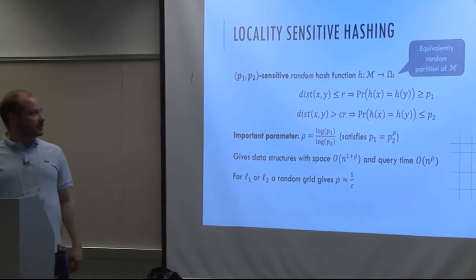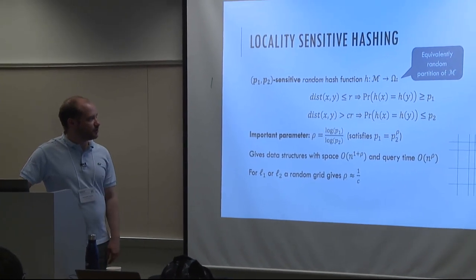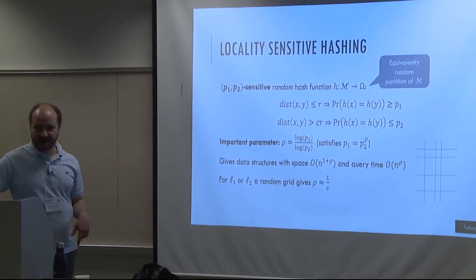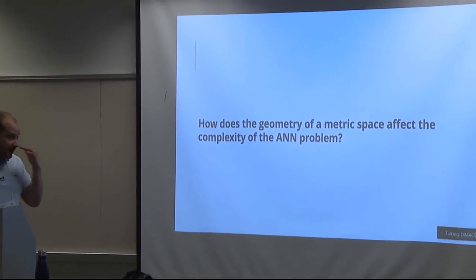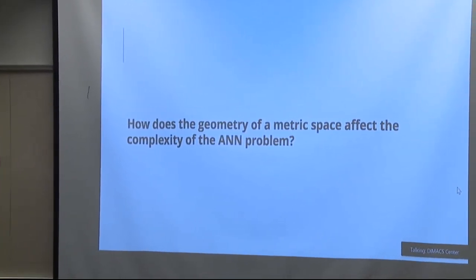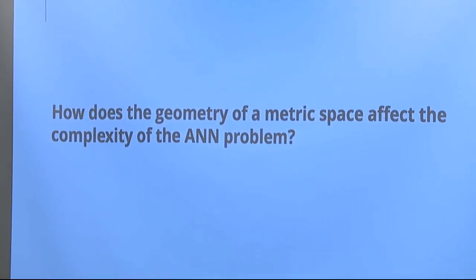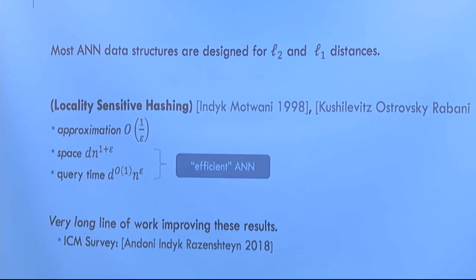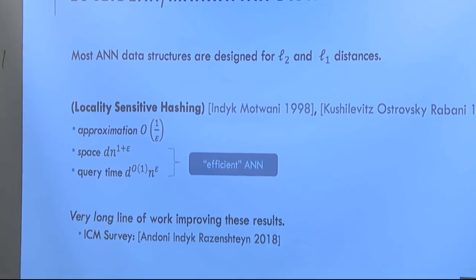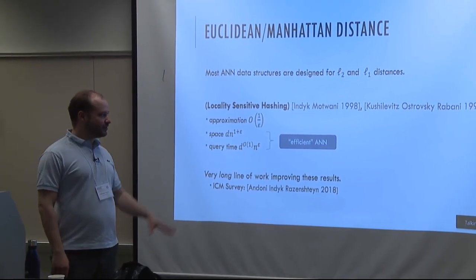Okay. Good. So I'll be focusing on porting this to other spaces, not L1 and L2. So the general question that I think is very interesting is, how does the geometry of a metric space typically affect the complexity of this ANN problem? So from now on, I'll call this an efficient data structure, or something like this.